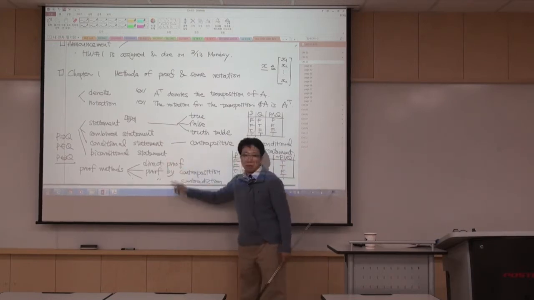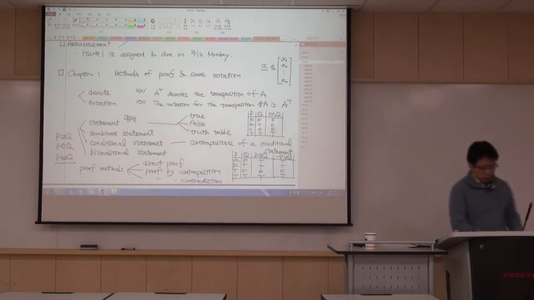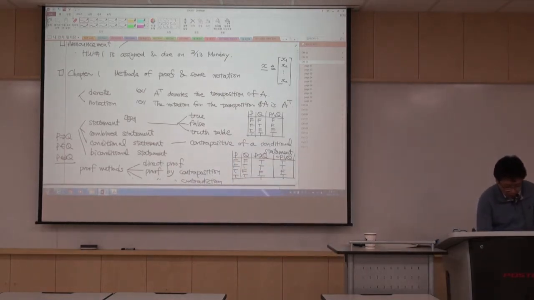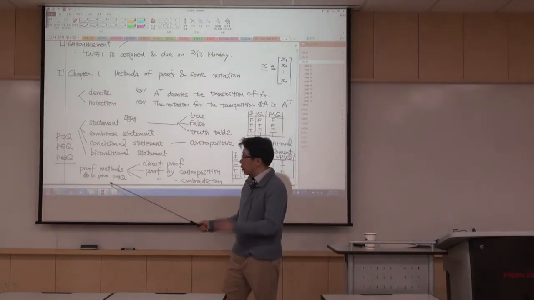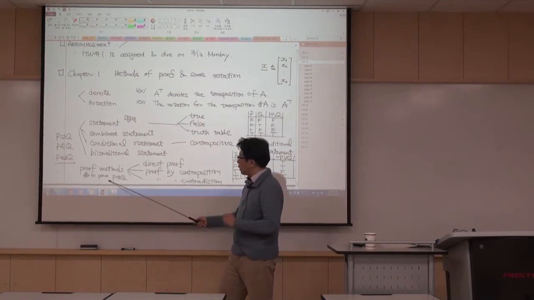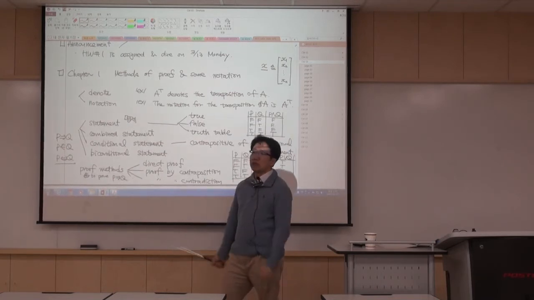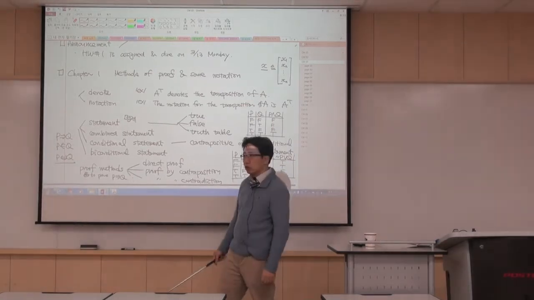Direct proof: proof methods to prove such a conditional statement. Suppose you want to prove some conditional statement, P implies Q. You want to show that this statement is true. Okay, what do you do?